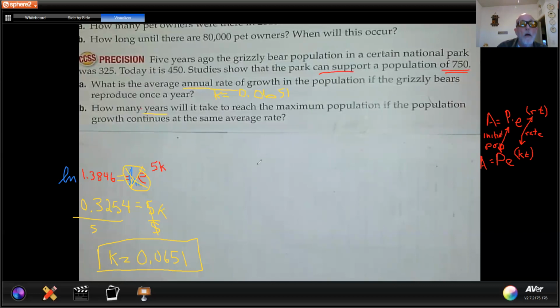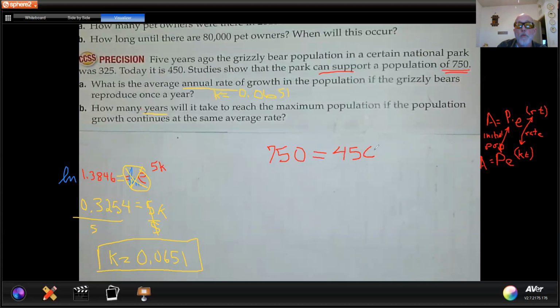So I need to write my equation. Now, I know that I want 750 bears, right? And then I need to know, where am I starting? If you think I'm starting at 450, that's totally fine. We're going to start at 450 because that's today, right?